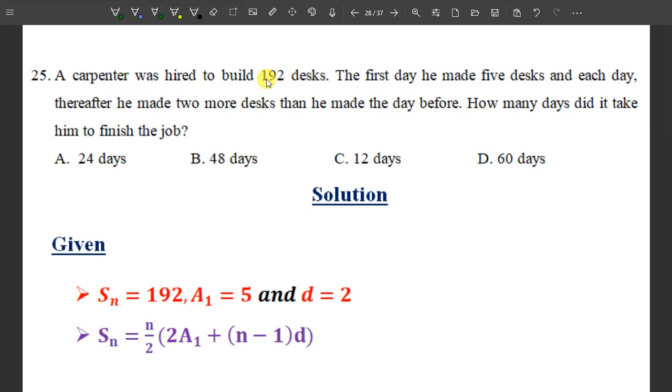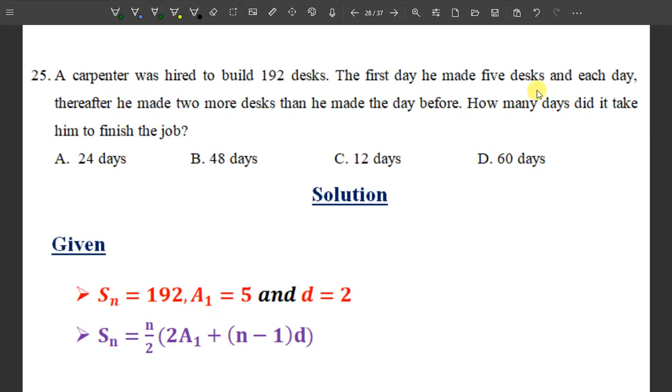That is the sum. Therefore, our Sn, n is unknown in this case. Sn is equal to 192. And here, the first day he made 5 desks, which means A1 is 5. This is actually an arithmetic progression, which is suitable to solve this particular example.